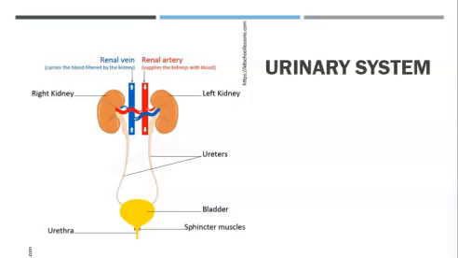Also, something to note on this image is your renal vein and your renal artery. These are the structures that provide blood flow to your kidneys, blood flow to and away from your kidneys.